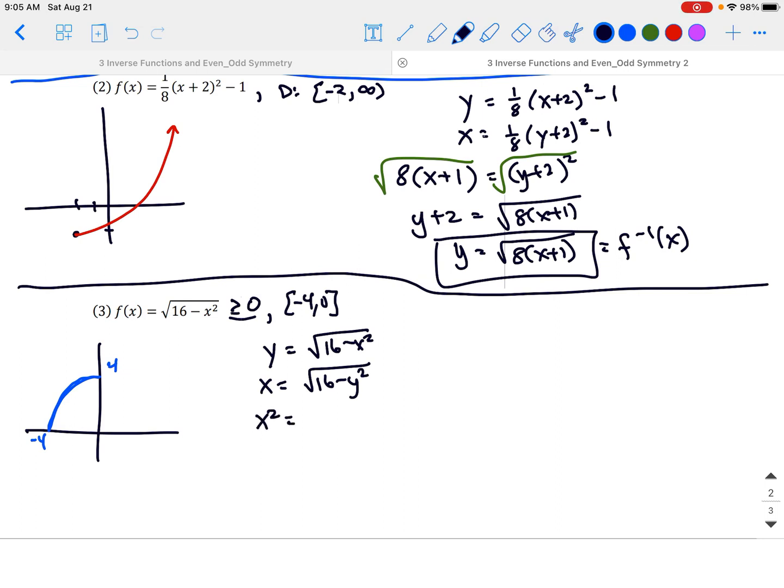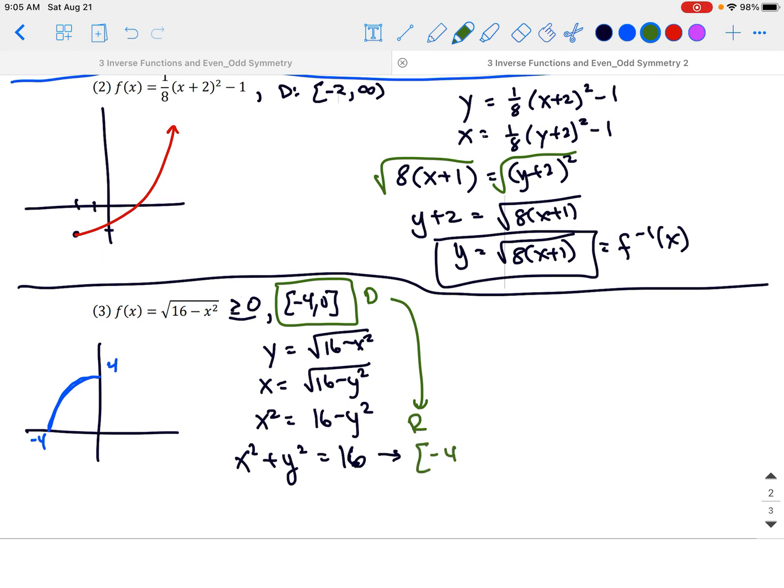So we square both sides. So we got 16 minus y squared is equal to x squared. And then we end up with x squared plus y squared equals 16. So that's going to be the same equation that we started with. But what we'll notice is that our domain that we chose is the range of our inverse. So that means our inverse goes from -4 to 0.